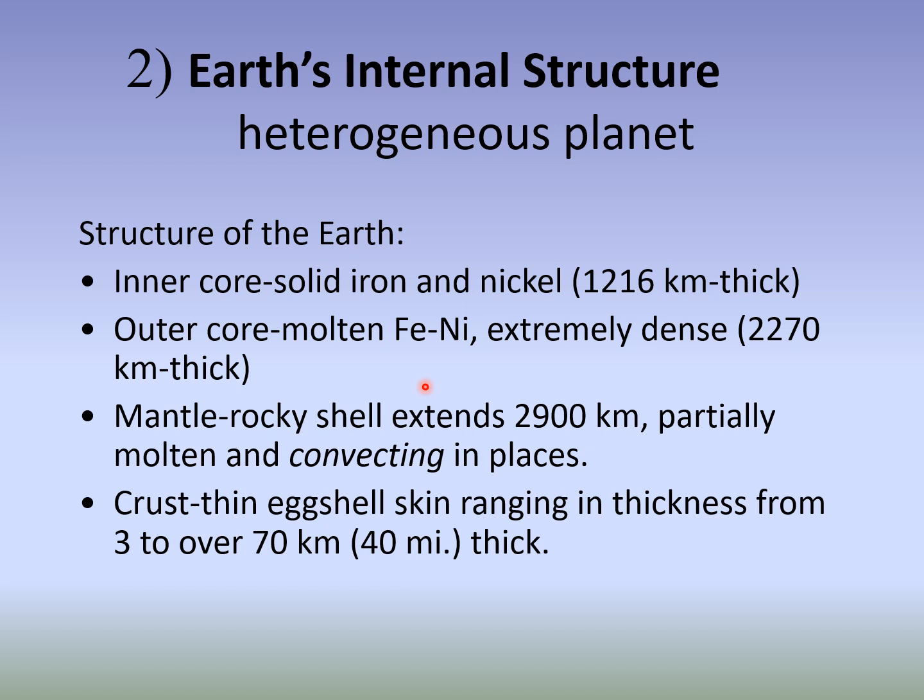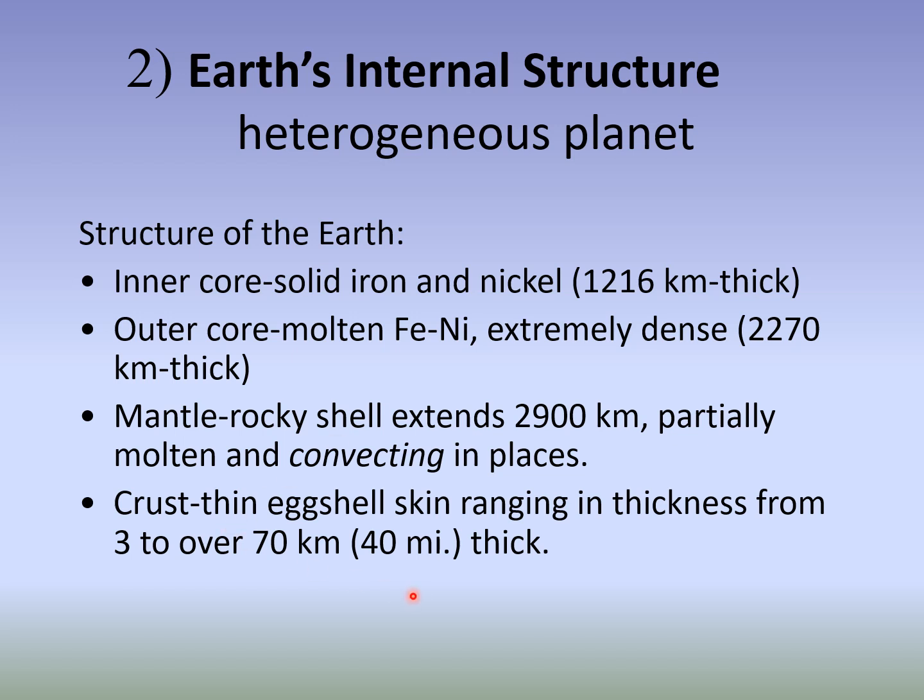Because it's warmer, it's less dense, since things that are heated up tend to expand. So it rises up through the liquid part of the lava lamp. Then as it rises, it starts to cool, gets heavy, and falls back down, and that cycle repeats. Well, the mantle does the exact same thing.